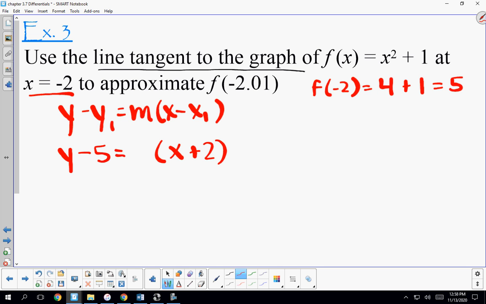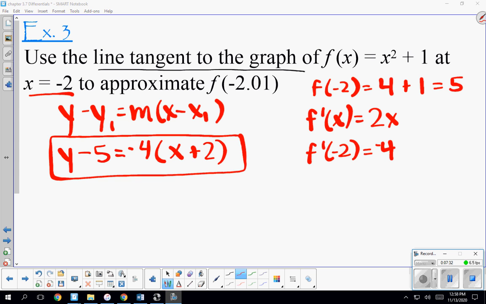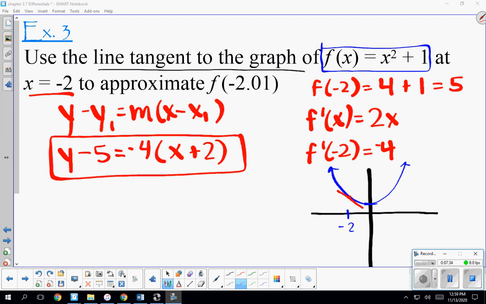And now to find the slope of the tangent line at any given point, we find the derivative, which is just 2x, and we plug in our x value, which in this case is -2. So we get -4. And so this is an equation of the tangent line. And let me draw you a picture just to show what's going on. So you can see, I tried to color code it.